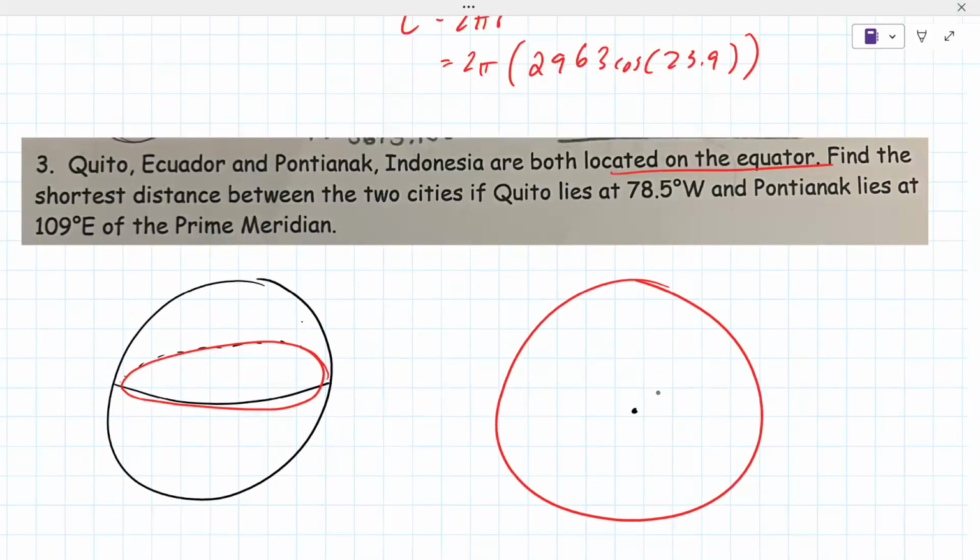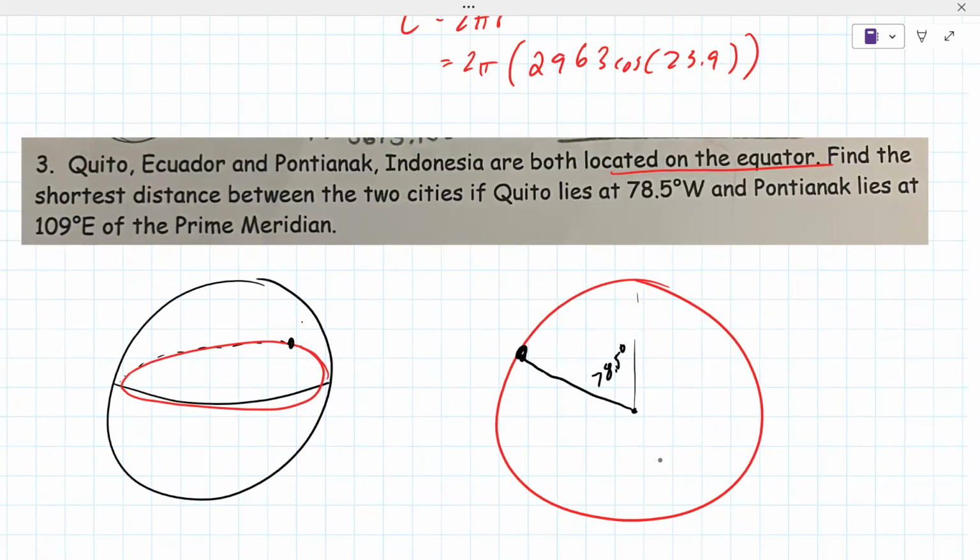If we say that's the equator, one is 78.5 degrees in one direction west, which I don't really know which way we're going to call west. I guess we should go from the north. So from the north, that's 78.5 degrees.